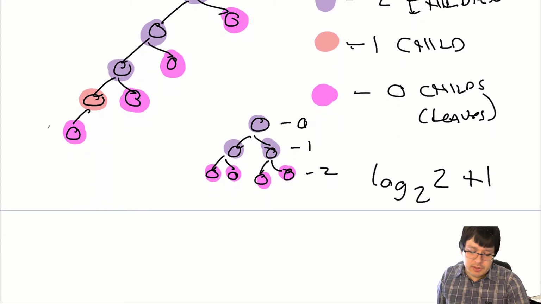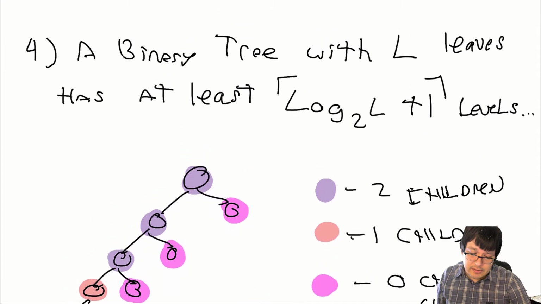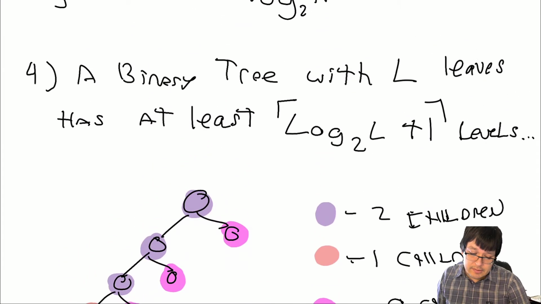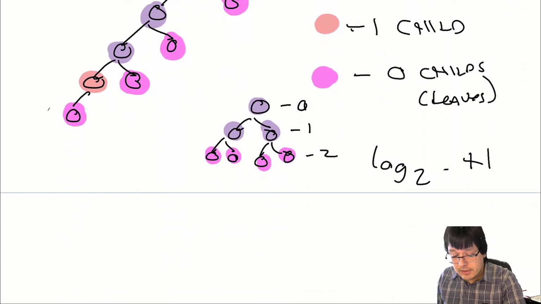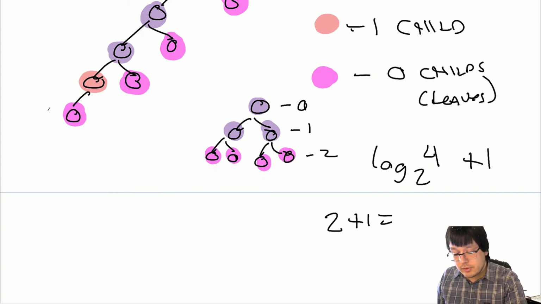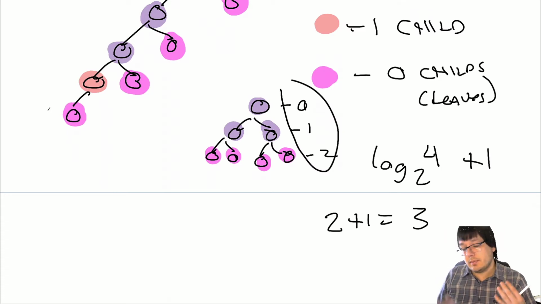Oh, wait, sorry. With L leaves. So here L is the number of leaves. So that's a 4. My bad. Apologies for that. So in that case, it would be 2 plus 1, which is 3. And as we can see, there are indeed 3 levels here. Levels 0, 1, and 2. So 3 levels. Okay?